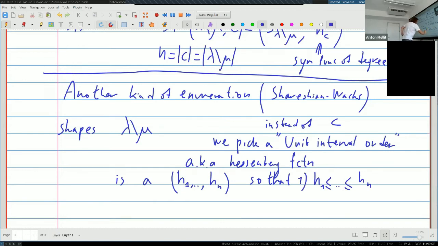Another condition is that every hi is less than or equal to n and greater than or equal to i. Okay, second. So this is the structure I want to use.